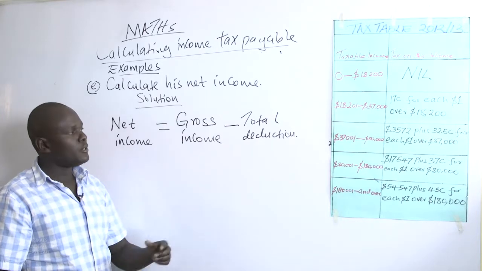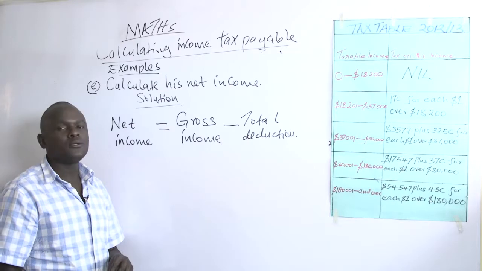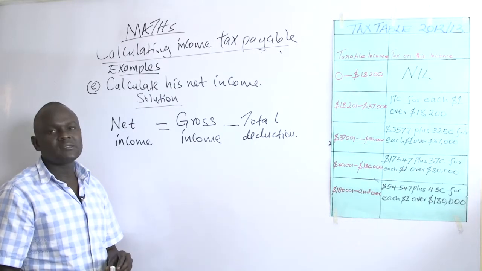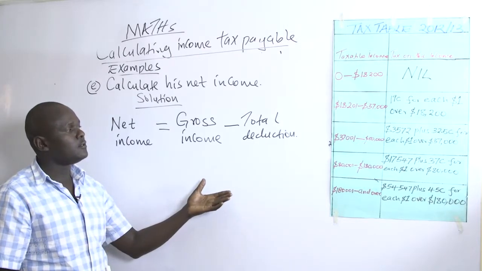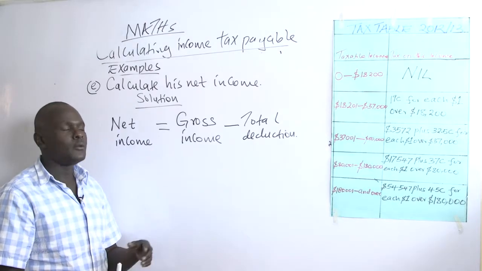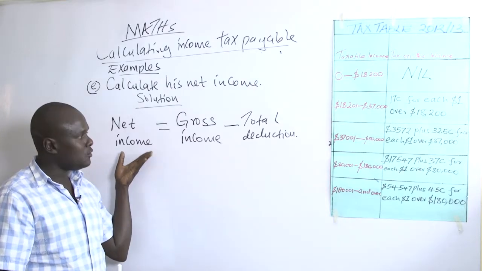No. When you talk about the total deductions, this can also include the pre-tax deductions. If you have taken a loan from your employer, they will also deduct. So what you end up with is what we are looking for.